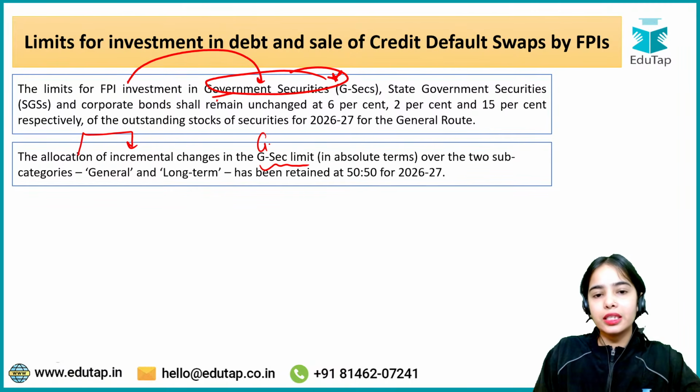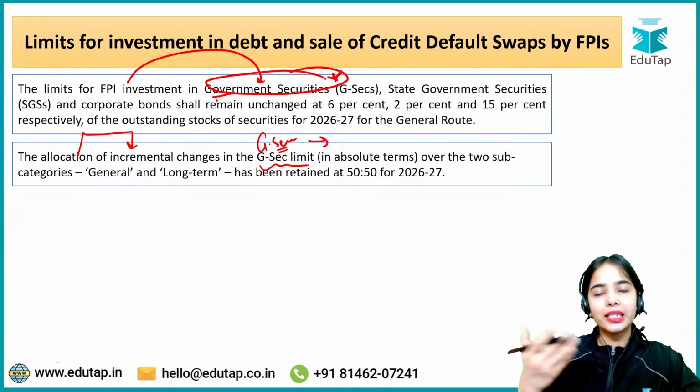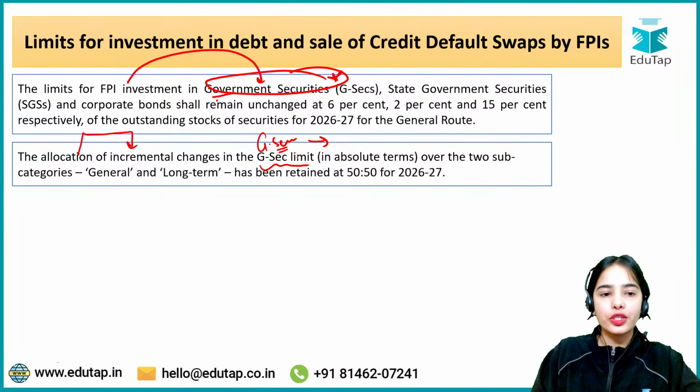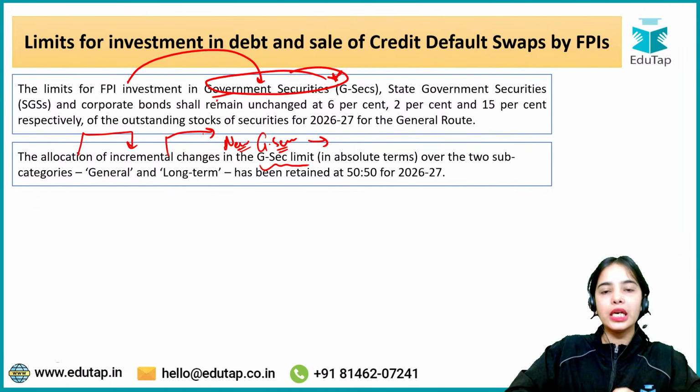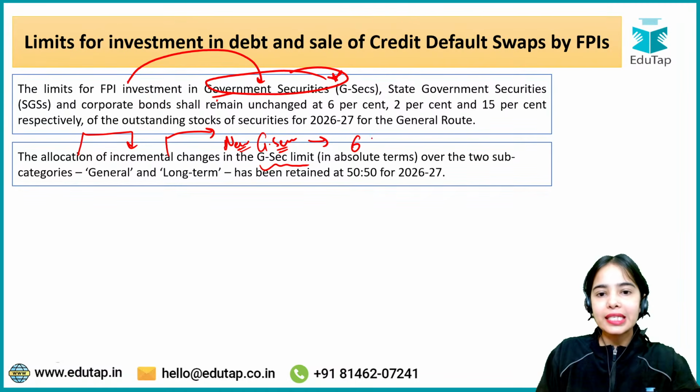That means the new government securities will be released in the market soon, and this has been decided that the government is going to borrow from the market, and so new government securities will be released. So the government security total outstanding in the market is going to increase. So from that, 6% is the limit.